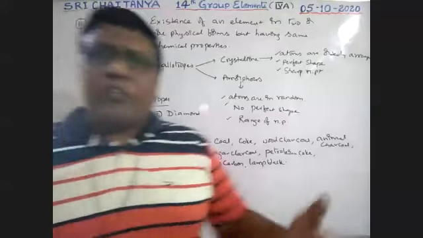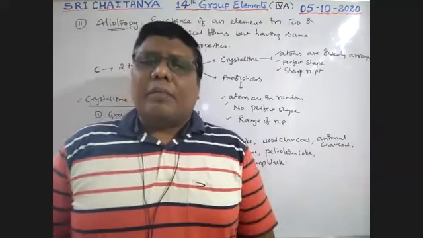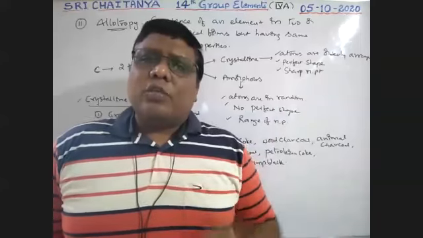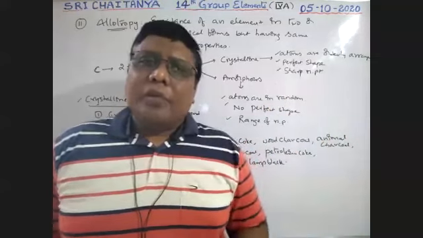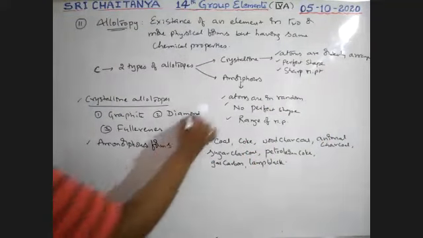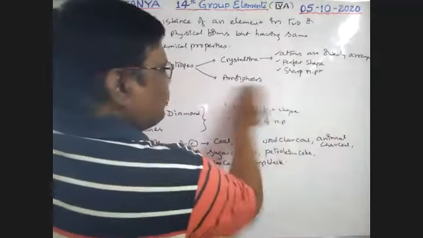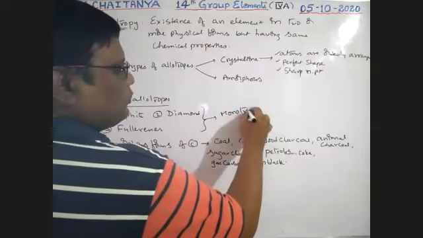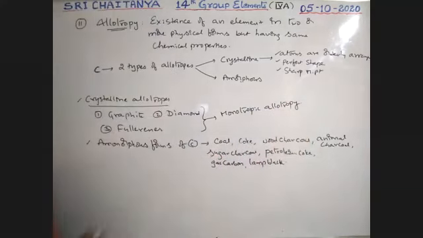Many times, questions ask which of the following is crystalline form, which of the following is amorphous form. So crystalline forms are only 3 for carbon. What are those? Diamond, graphite, and fullerene. Boys, all these 3 forms show monotropic allotropy.